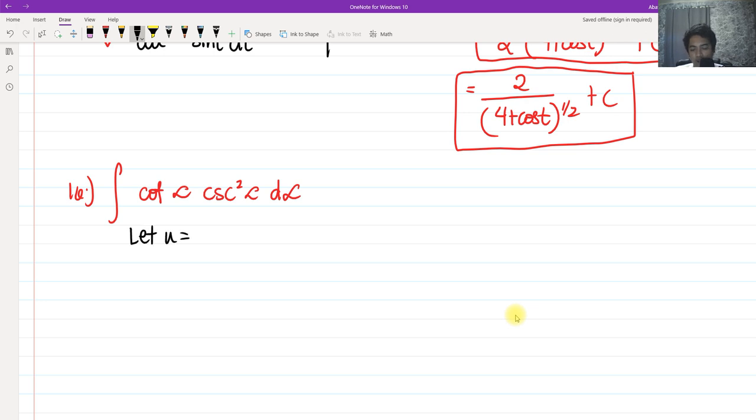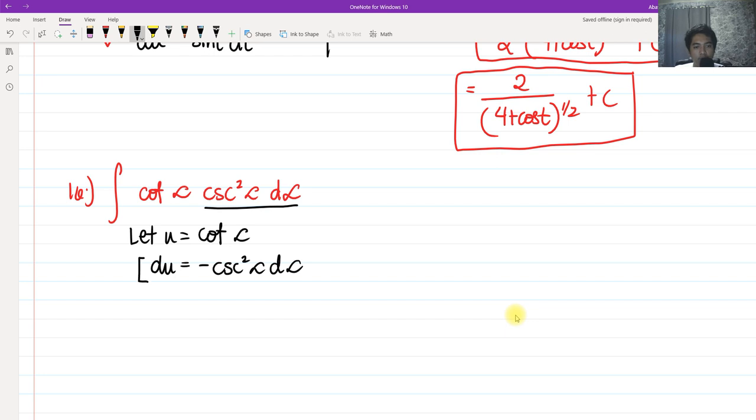u as the cotangent, because cotangent of alpha, what is the derivative of cotangent? Cotangent of x or cotangent of alpha, that would be negative cosecant squared of alpha d alpha. So it's very easy, right? So we have cosecant squared alpha d alpha here.